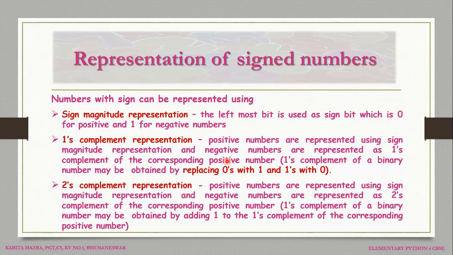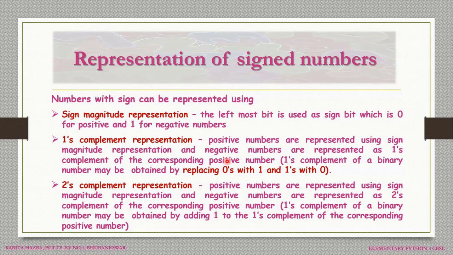One is for positive and another for negative. So to avoid this problem, 1's complement representation was used, where the positive number is the binary equivalent of the number, as in sign magnitude representation, whereas the negative number is represented as the 1's complement of the corresponding binary number. 1's complement can be obtained by replacing the zeros with 1's and 1's with 0's. 1's complement representation yields 0 when negative and positive numbers are added, but still it has two representations for 0.